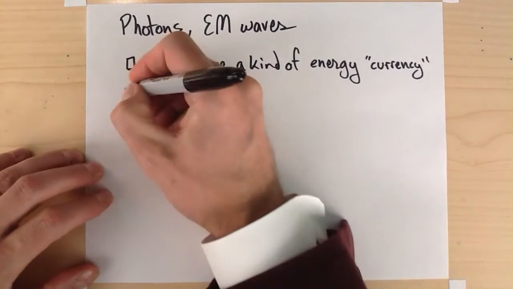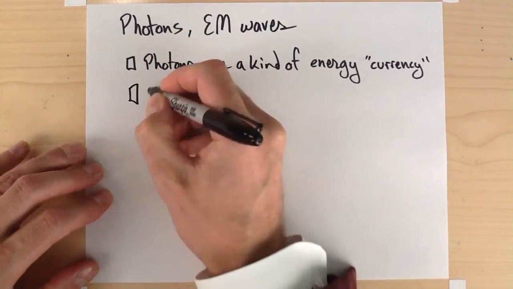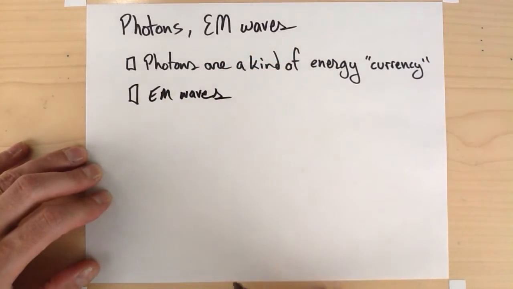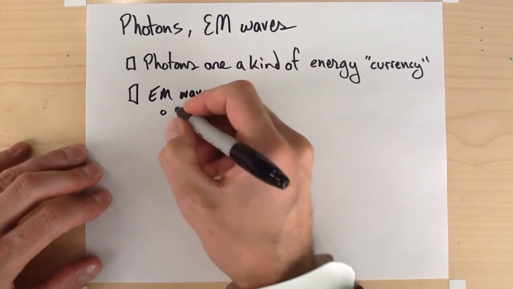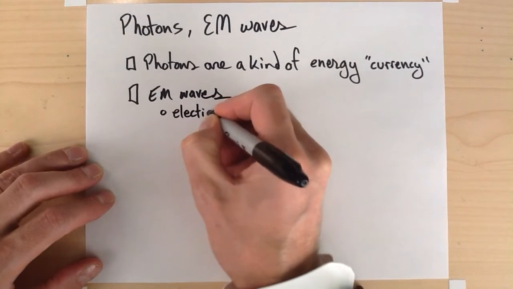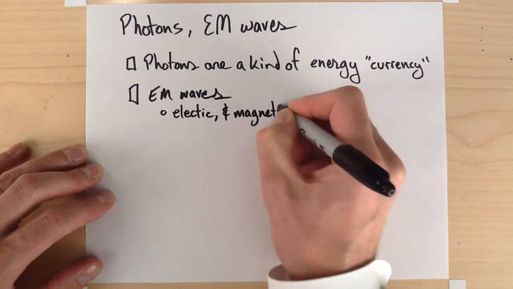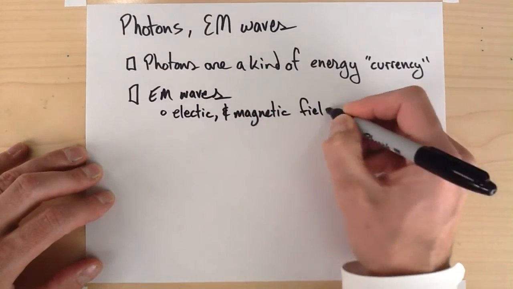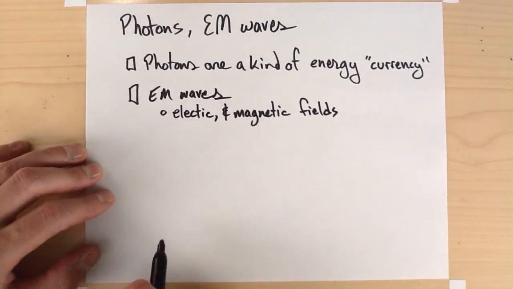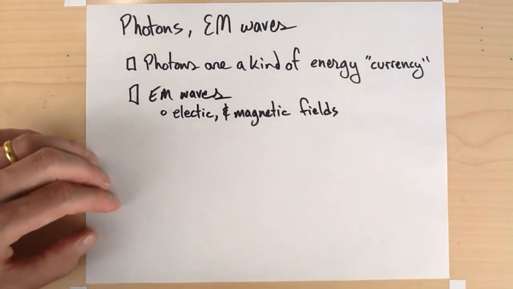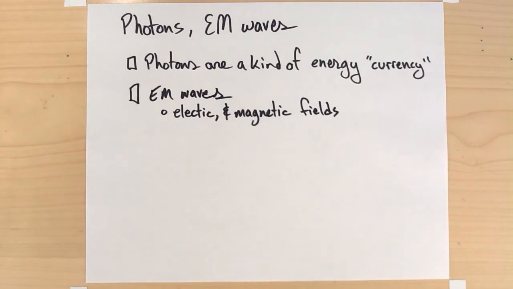All right, but what else do we know about photons and electromagnetic waves? Well, especially we know about EM waves. They have certain properties. One of the key things is that they have an electric field and a magnetic field, and these are interacting together to propagate the photon or to propagate the energy that is contained in the electromagnetic wave.